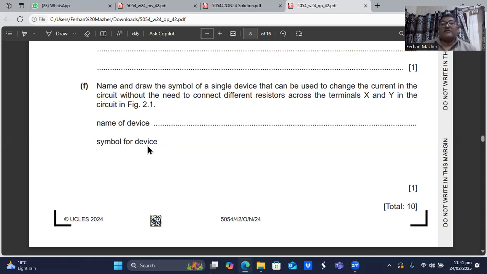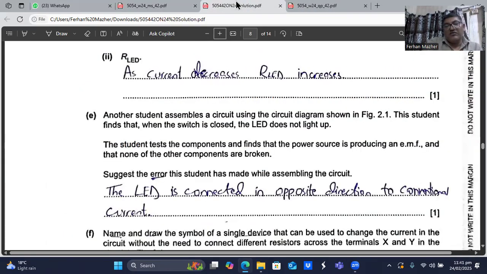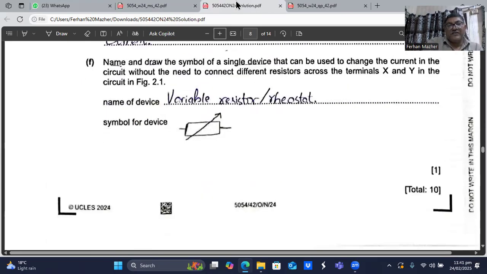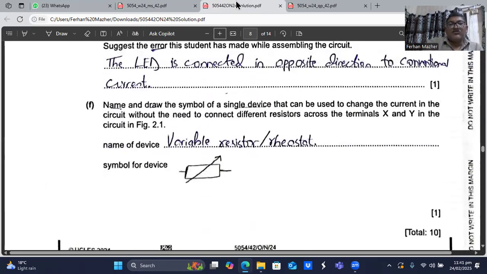So you can use a variable resistor. By just changing the resistance of the variable resistor, you will be able to change the current in the circuit. Or you can use a variable power supply, and by changing the voltage of the variable power supply, you can change the current flowing through the circuit.